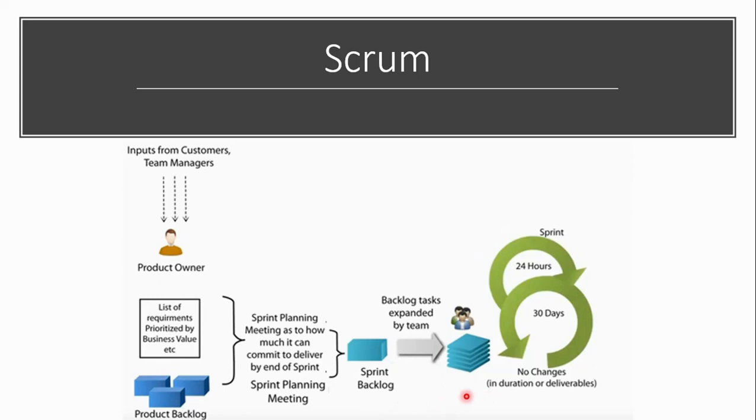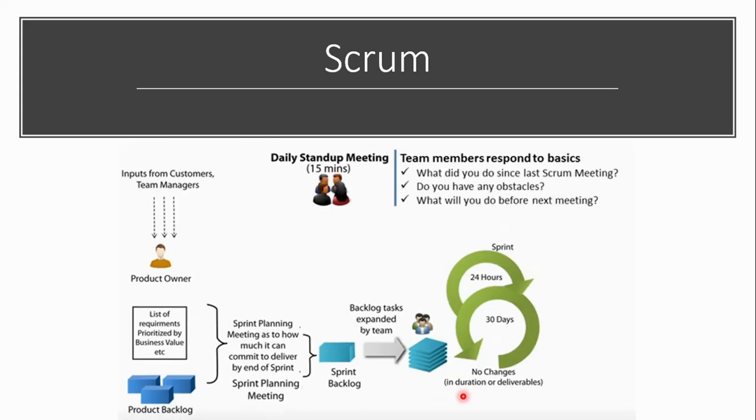These sprint backlogs will be given to your team to develop at the end of the day. Once you start the sprint, of course, it's locked. Then the team will be developing the sprint backlog that they already decided at the sprint planning meeting.